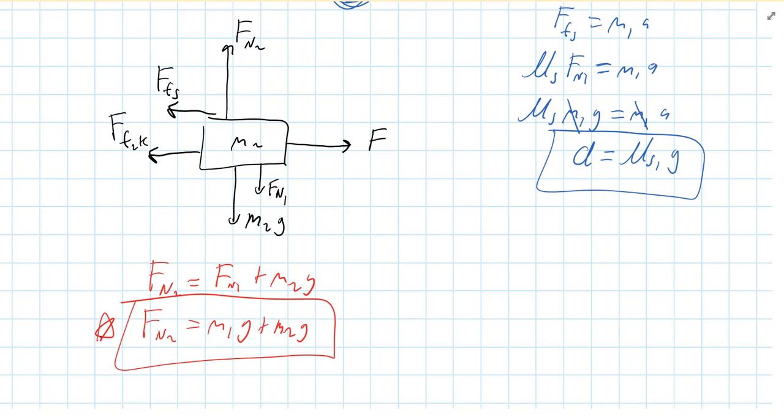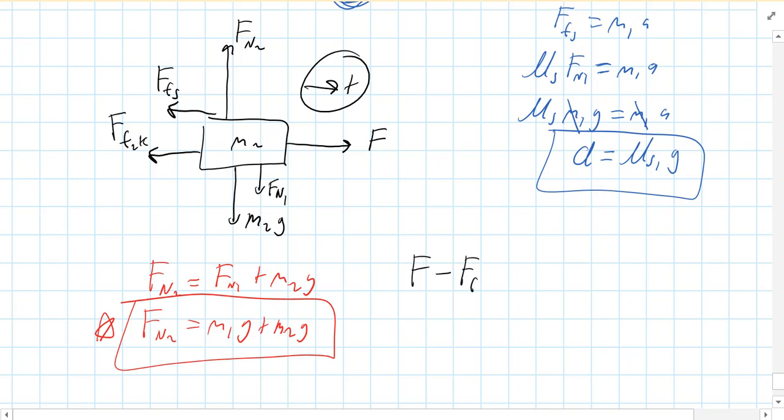All right. Now, in the horizontal direction, we're going to assume right is positive, in which case you have F minus force of friction static 1 from the stapler minus force of friction kinetic 2 from the ground is going to equal M2A. And now I'm going to do a boatload of substitutions here. So we got F minus force of friction static 1.